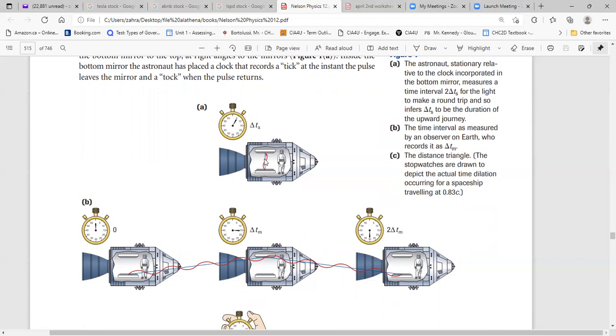If you measure the reflection, the time of the reflection would be the same as the time going up. It would be the same time as it goes down, right? The total time is 2 delta Ts. The delta Ts is the time that you measure from inside the spacecraft.